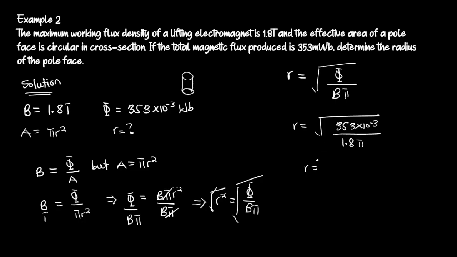If I compute all this in my calculator, the root of the ratio 353 times 10 raised to the power minus 3 over 1.8 pi gives me a radius of 0.249848, which I can approximate as 0.25 meters.